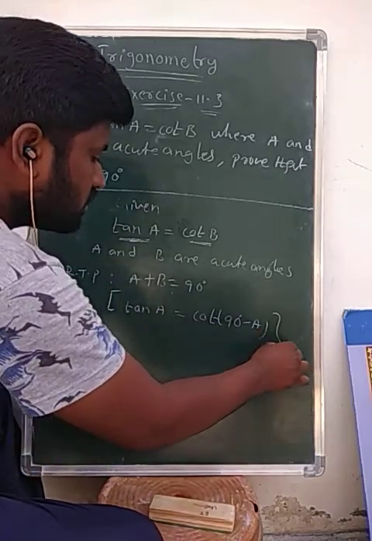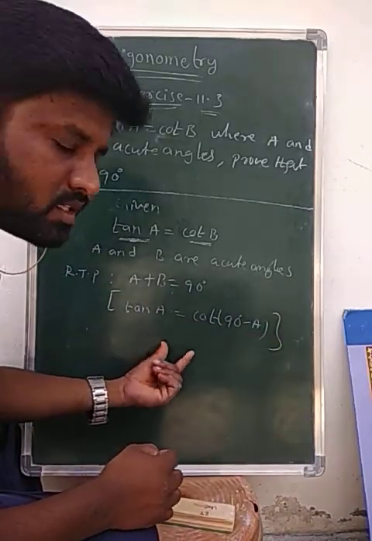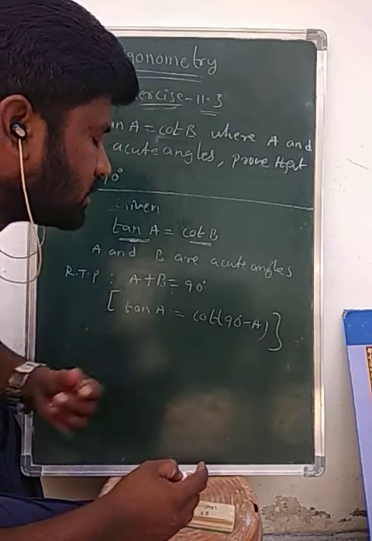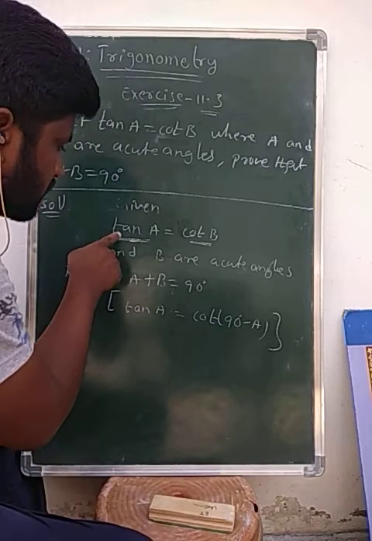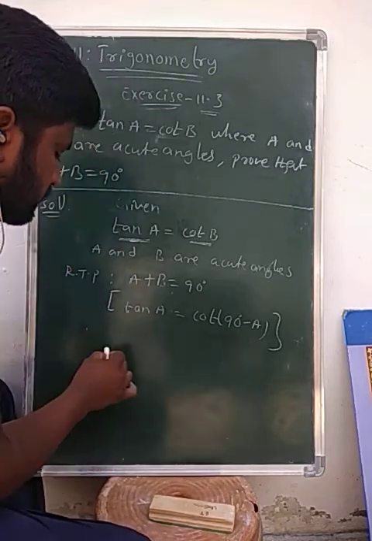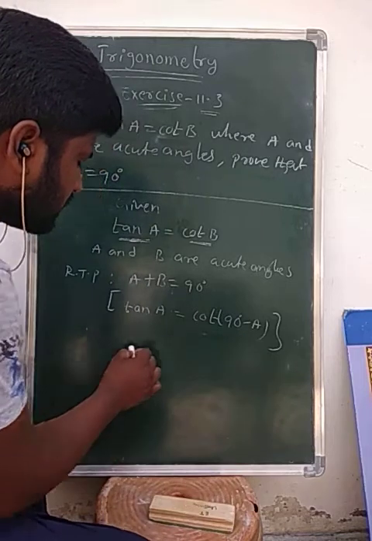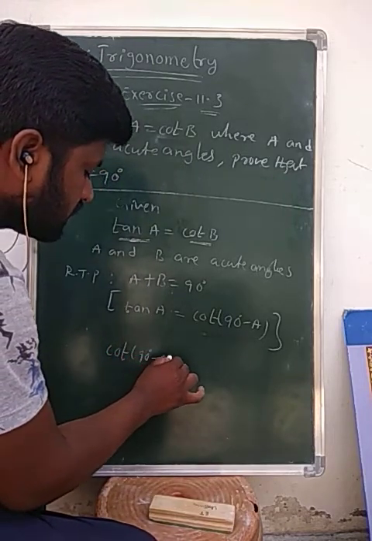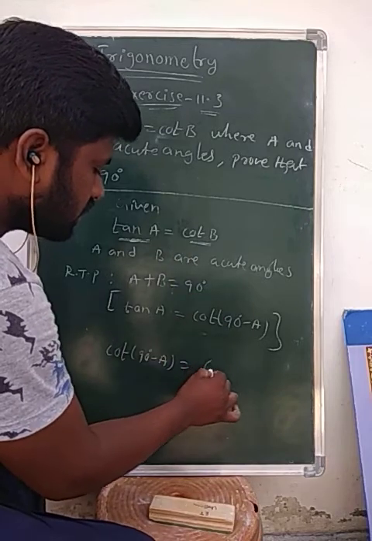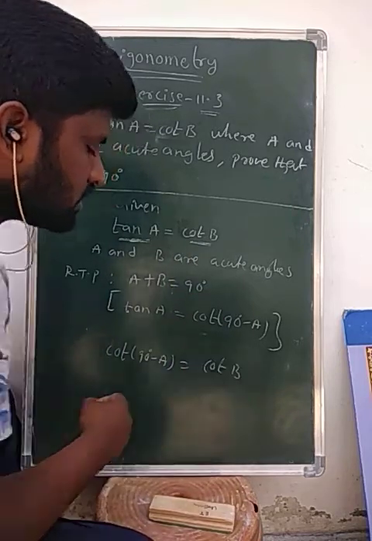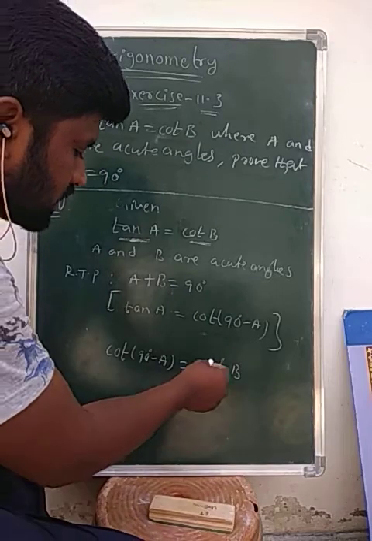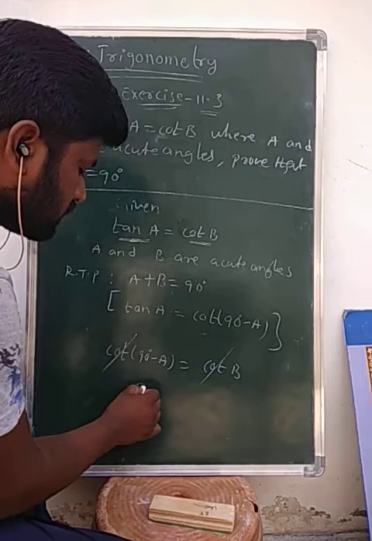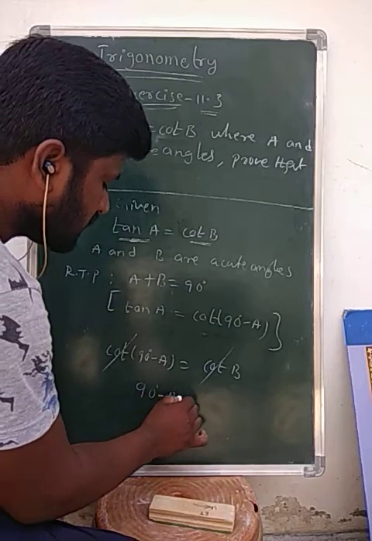The ratios of complementary angles: tan A is equal to cot 90 minus A. Now in the place of tan A I am going to write cot 90 minus A. Cot of 90 degrees minus A is equal to the RHS side, already cot B is there. Now on both sides removing cot, 90 degrees minus A is equal to B.